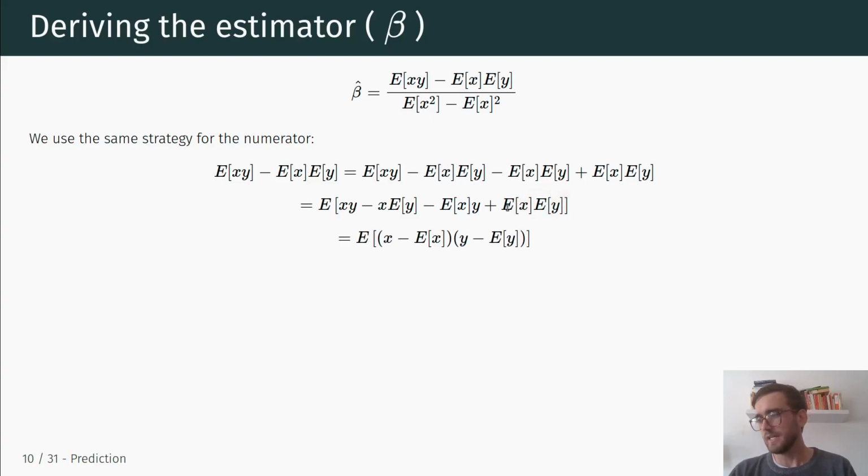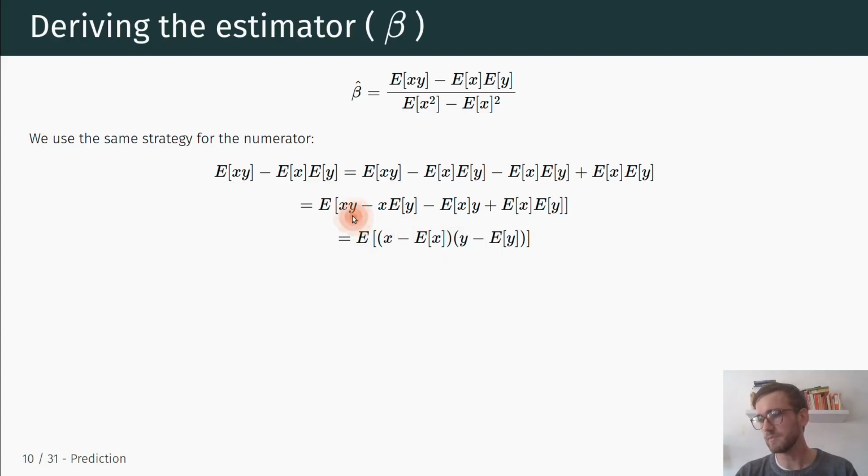Okay. And again, this is basically a product that we can rewrite as x minus ex times y minus ey, right? And so you can validate this going backwards by multiplying out this product.